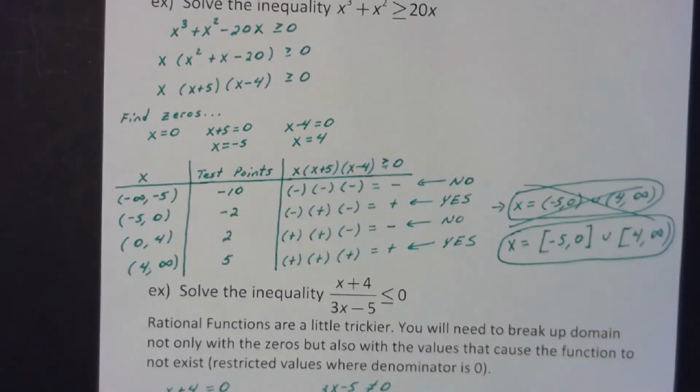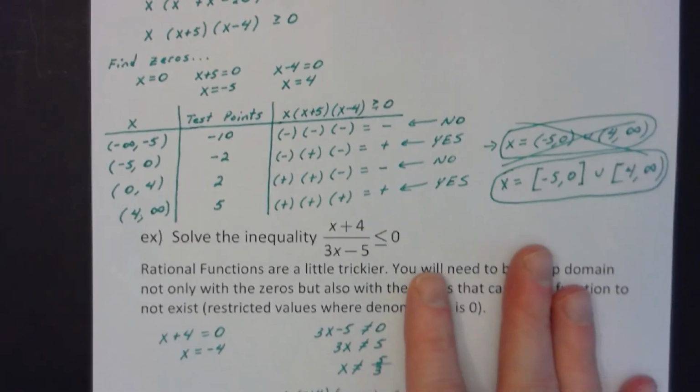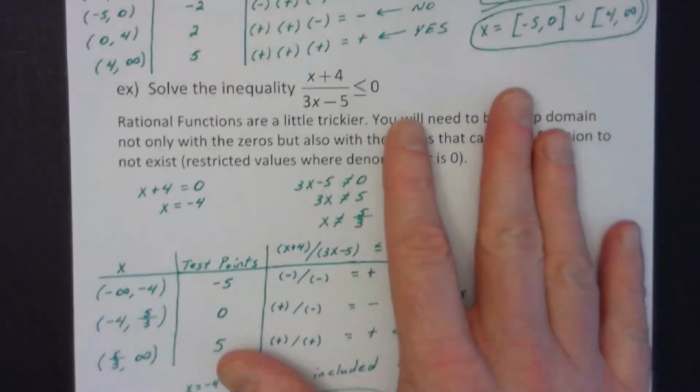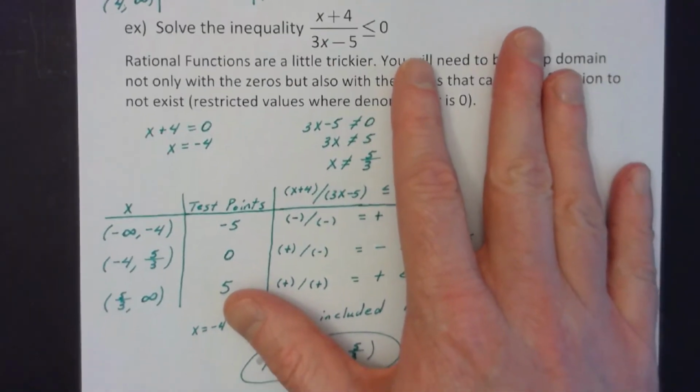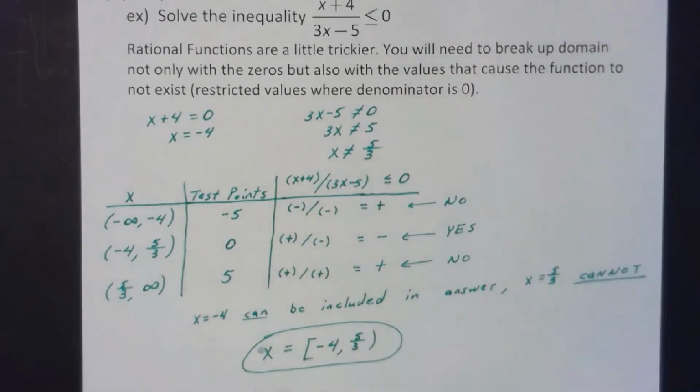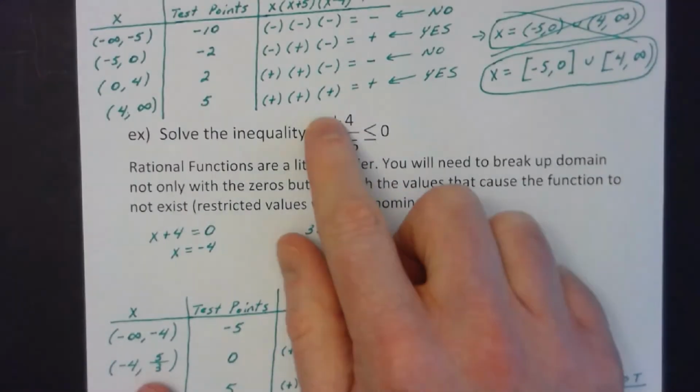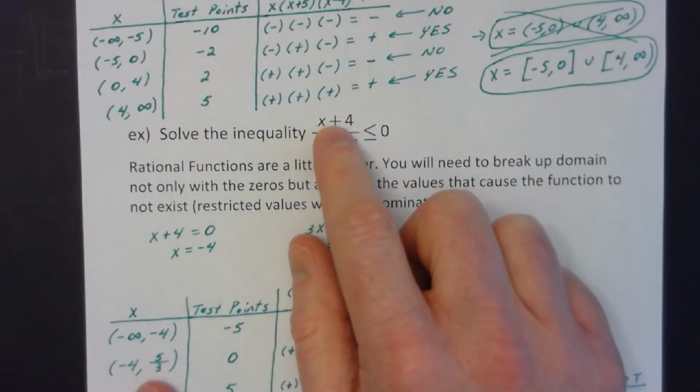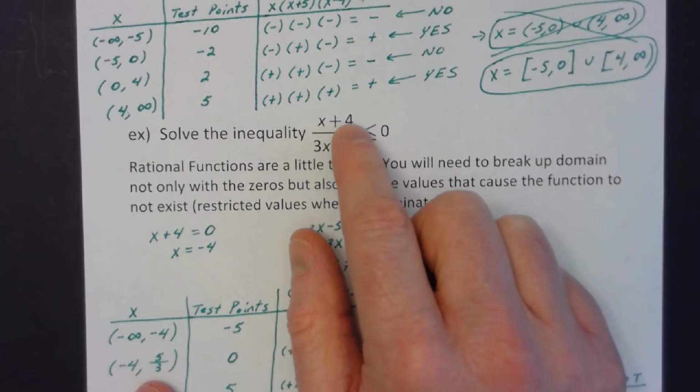Okay, next problem. You're thinking polynomial inequalities, okay, that seems pretty good. What if I start throwing rational functions at you? We know that we've already been graphing rational functions in earlier sections, and the graph is really not that bad at all. In terms of trying to do this with an inequality, you need to remember that just like polynomials, a rational function is going to have a 0 when the numerator is equal to 0.